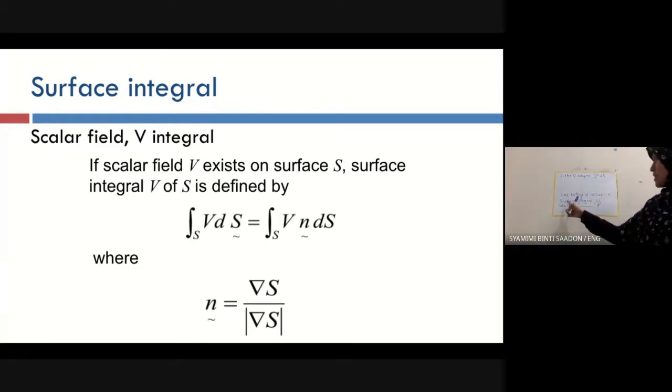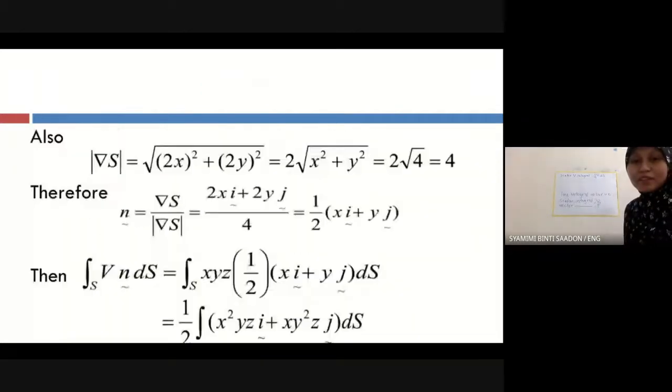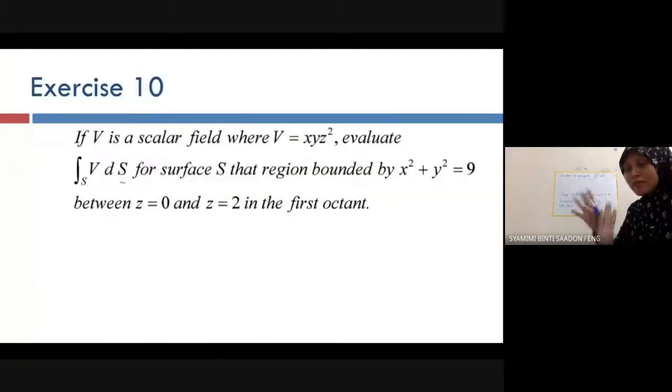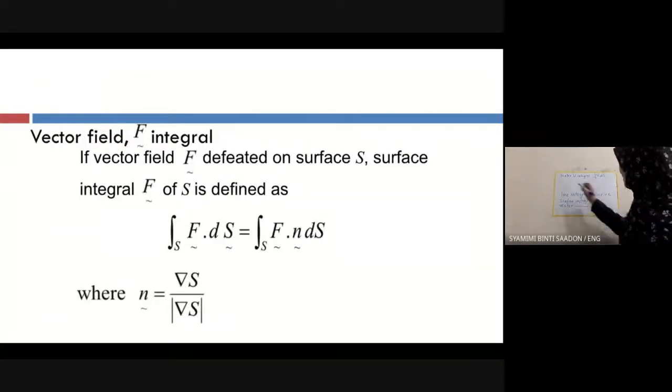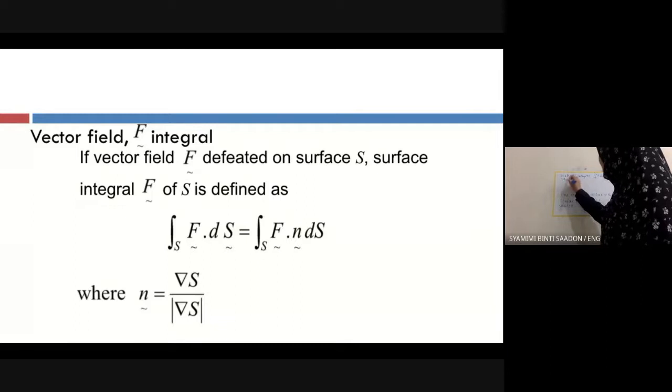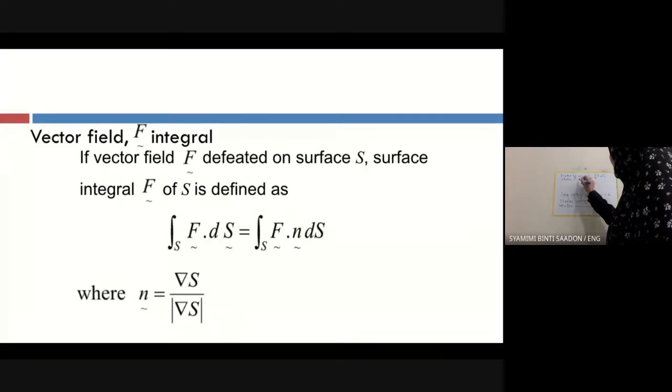At first we have the scalar integral V and the vector integral F over a curve, and this one is over a surface. For a surface, we have to define the normal vector. And then for the vector field, the vector F integral.